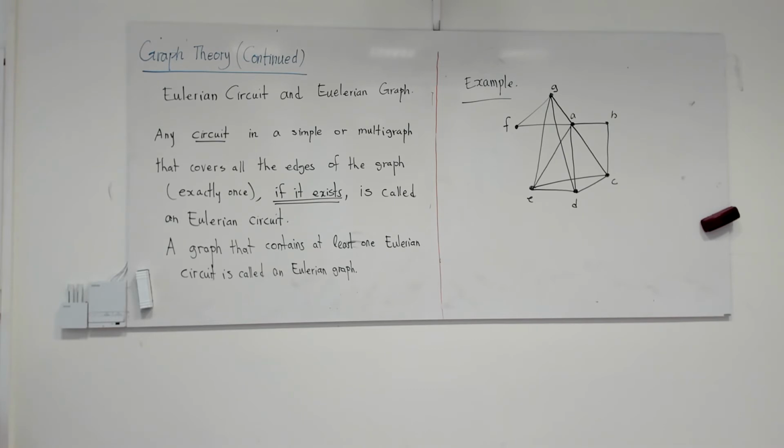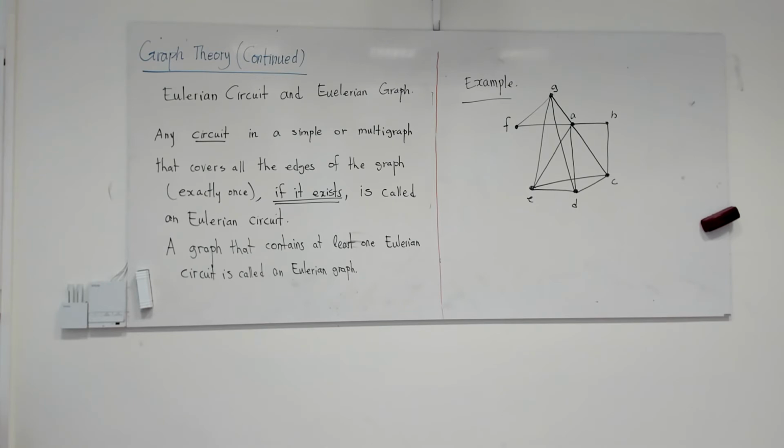Okay, so if you don't know the theorem that Euler has proven, it might not be an easy task to see if this is Eulerian or not. If you don't know the theorem, there is only one way to justify if it is Eulerian or not. Saying that it is means that you need to try and find an Eulerian circuit if possible.